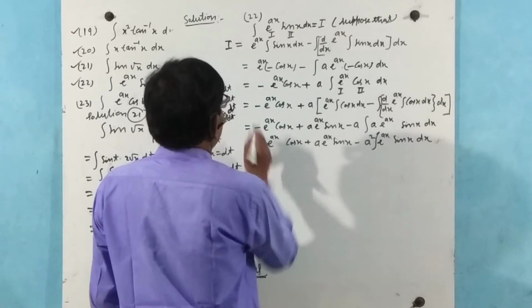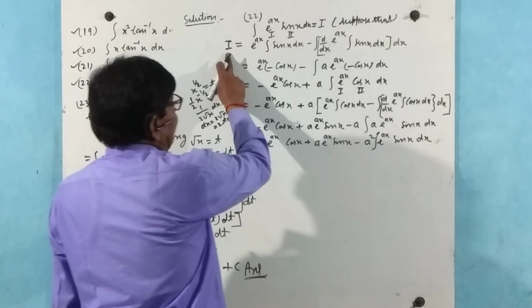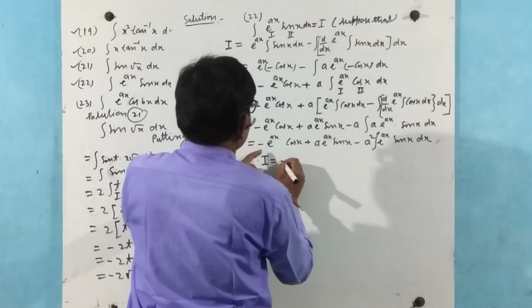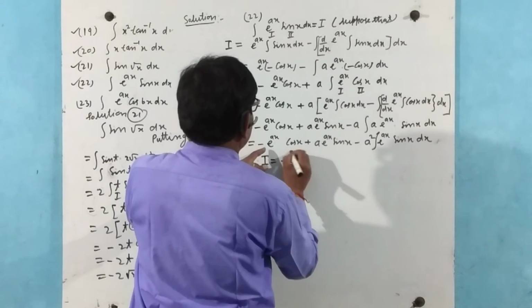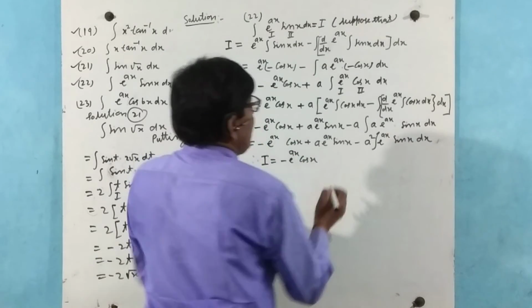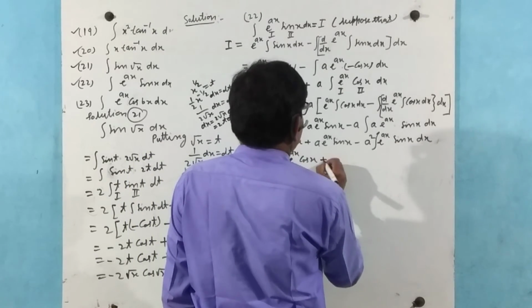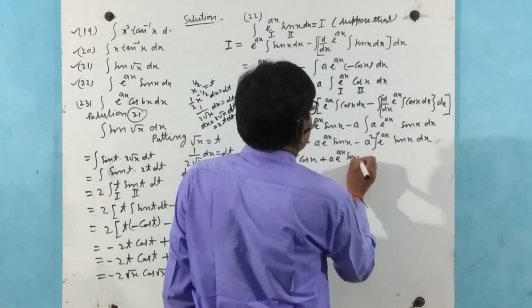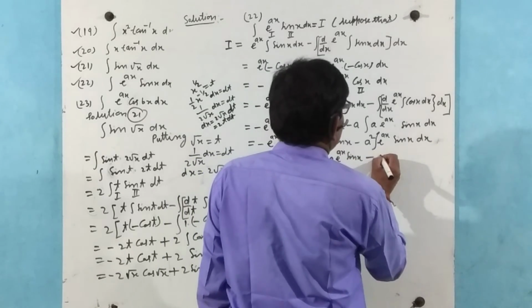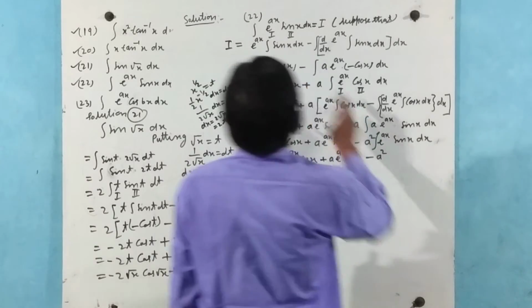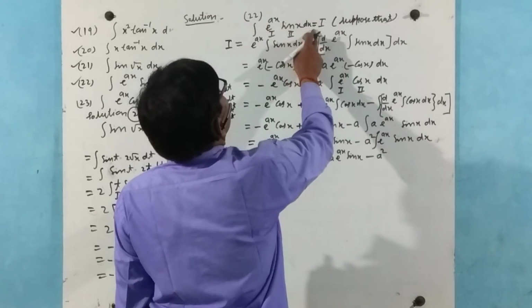Now, so that we start from I, this is I equal to minus e to the power ax cos x plus a e to the power ax sin x minus a square integration of e to the power ax sin x dx.